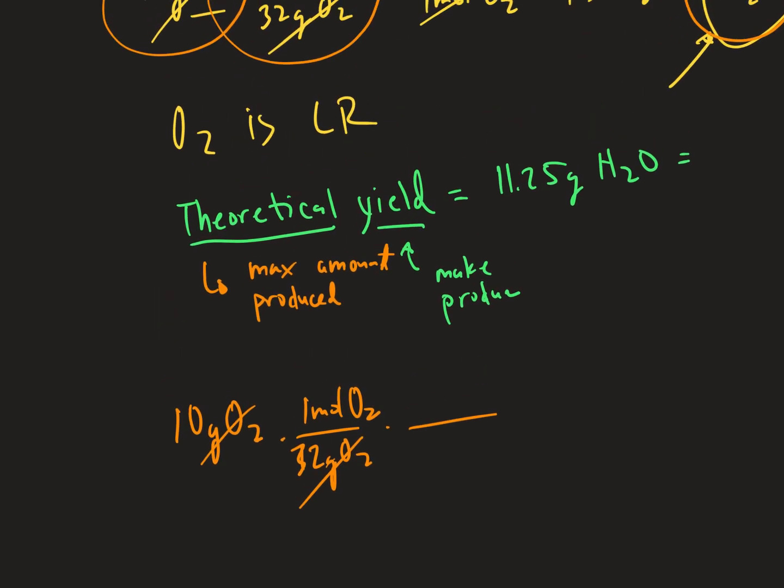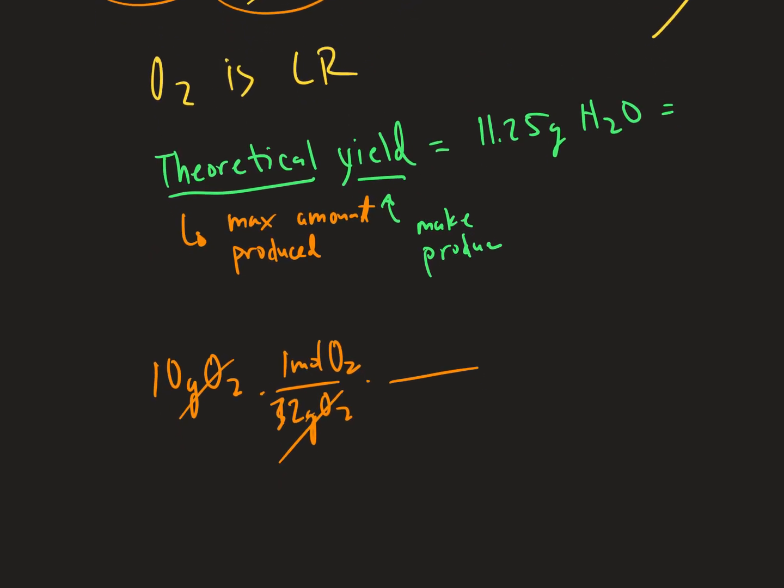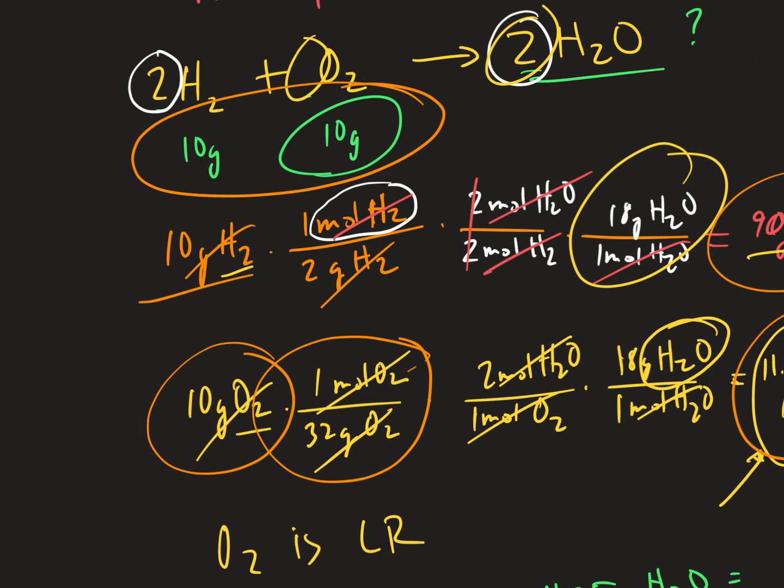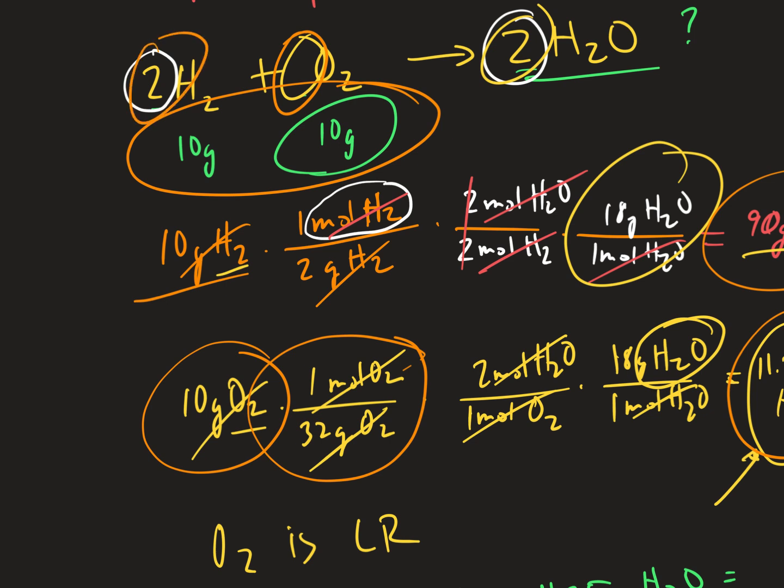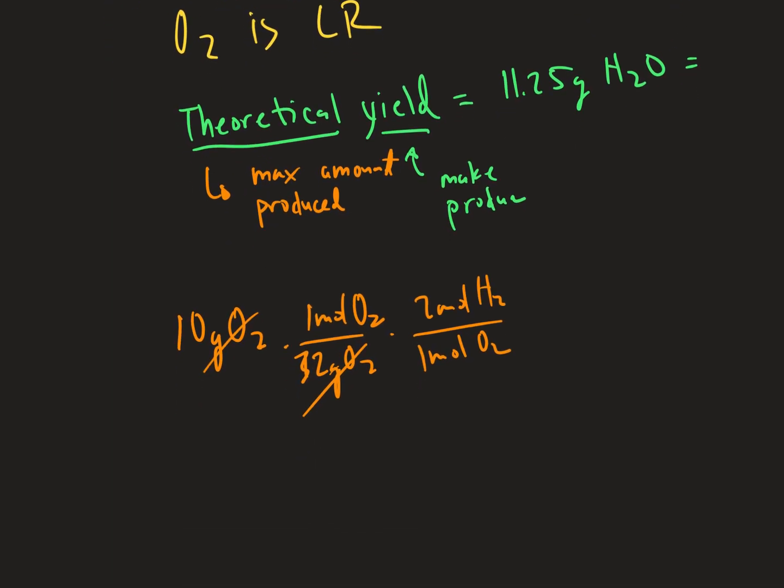And we use the mole-to-mole ratio for moles, so we have 1 mole of oxygen gas to 2 moles of hydrogen gas from our balanced equation, right? 1 here, 2 there. Y'all with me? Good? Sorry. So we're just using the balanced equation to go from moles of one substance to moles of another substance. Okay. And the coefficient in front of oxygen is 1. Coefficient in front of hydrogen is 2. That's all we do. Are we good?